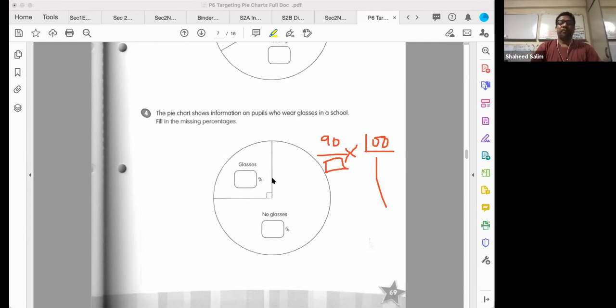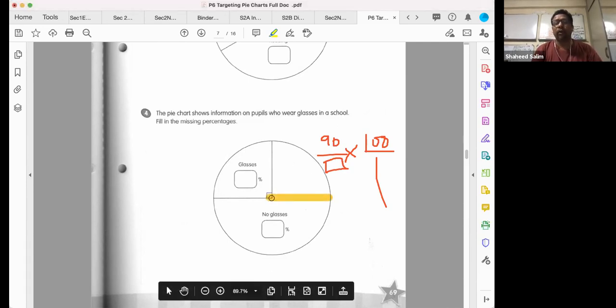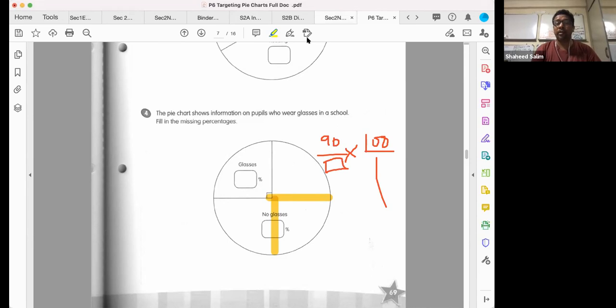Very simple. In fact, you don't need to change 90 even. You know this one you can cut into how many? I can cut into 4/4 lah. Well done, Sophia. That means your memory is very good. Okay, Shafika, well done. So this one is 1/4. You can take 1/4 times 100.